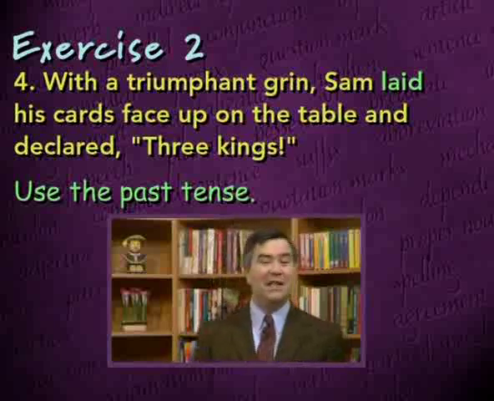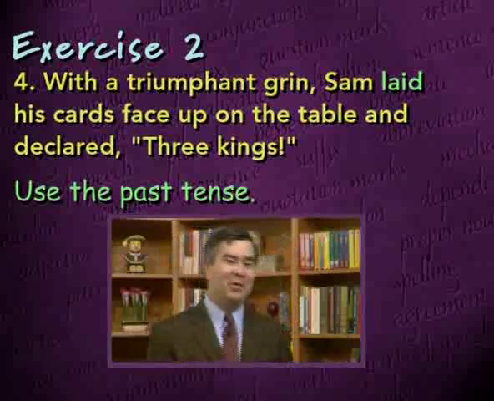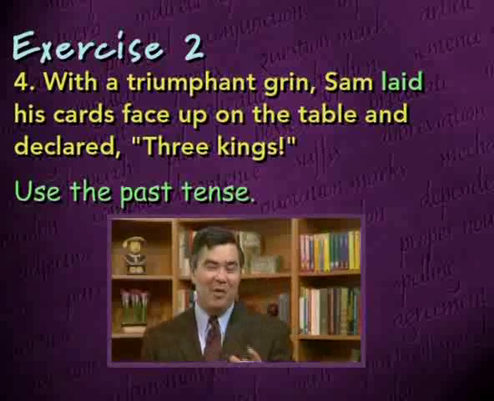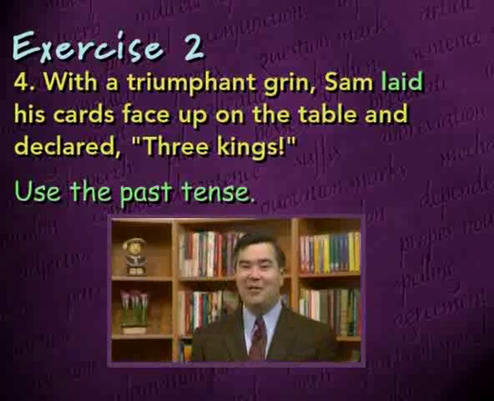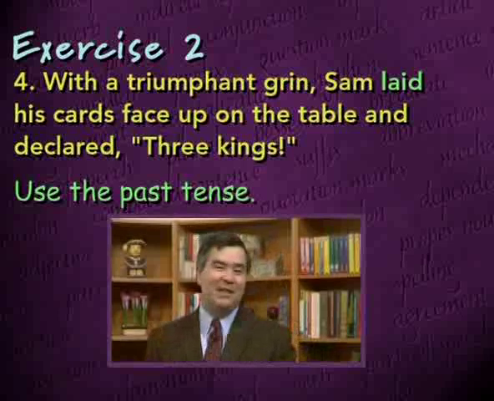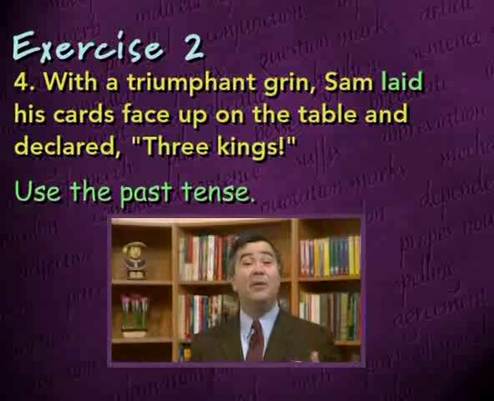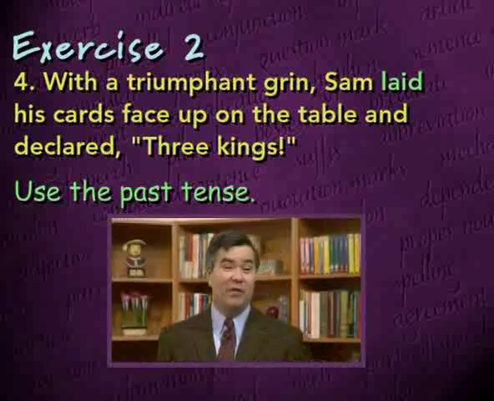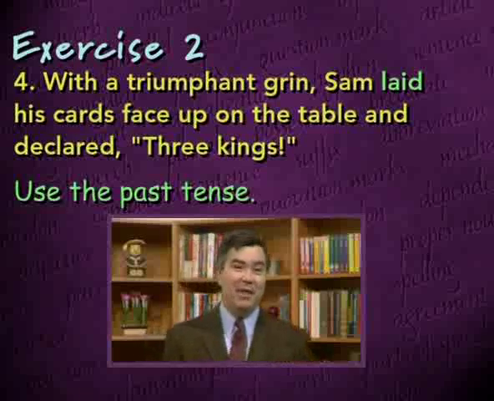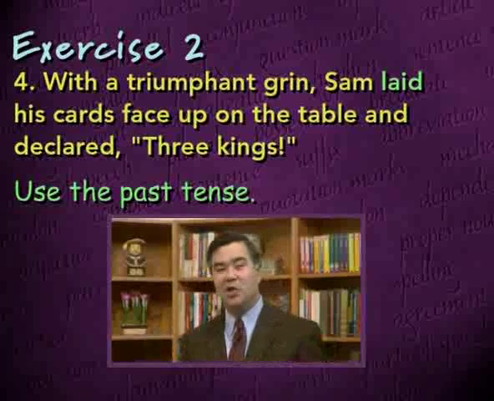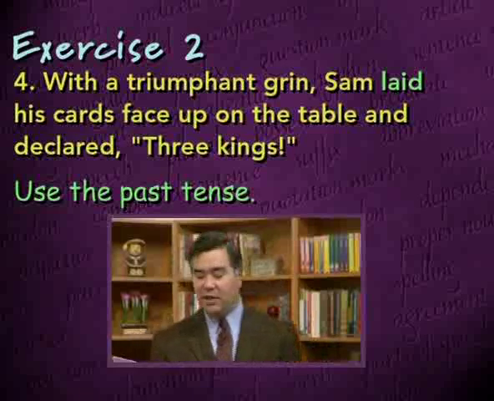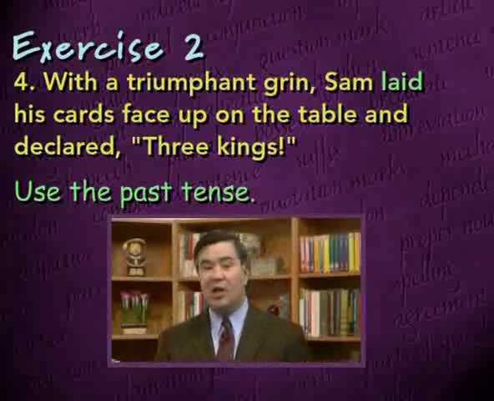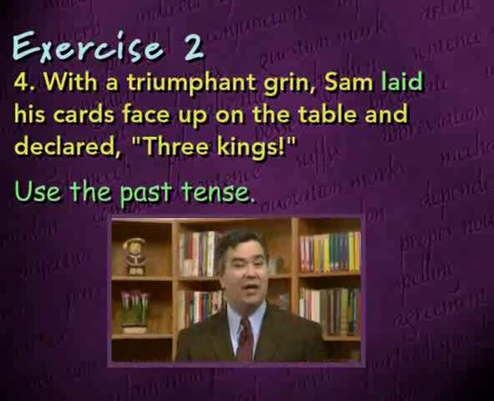Instead, the author of this sentence has confused the verb to lie and to lay. We warn you that this is a very common confusion, and this sentence would be a typical example of how people use the wrong verb and thereby confuse both the meaning and the grammar. The sentence ought to read, with a triumphant grin, Sam laid his cards face up on the table and declared 3 kings.